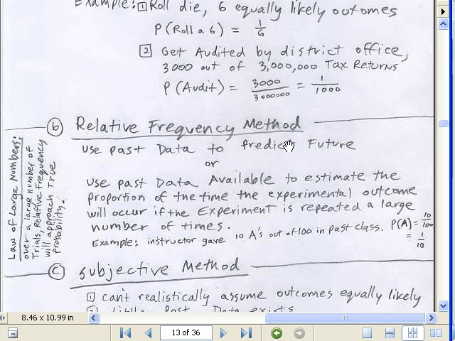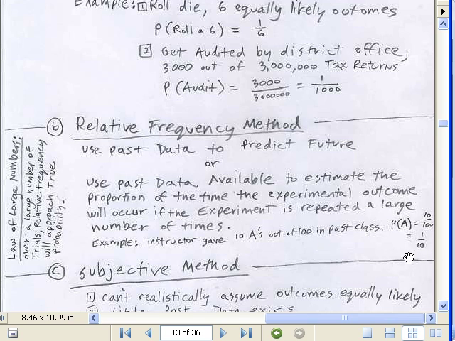Next method, relative frequency. Oh, we already did this. In earlier chapters when we were counting how many particular items in a group or a category there were, we then divided that number, that frequency, by the total. And in this method, you use past data to predict the future. Example, if your instructor gave out 10 A's out of 100 in the past class, then you could use that past information, 10 divided by 100, and you would get 0.1.